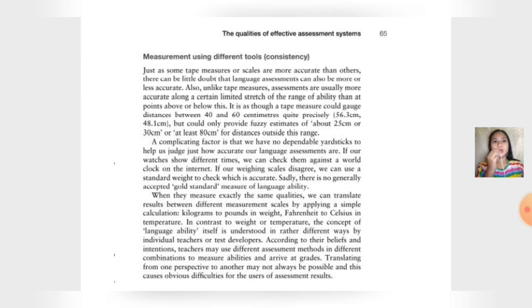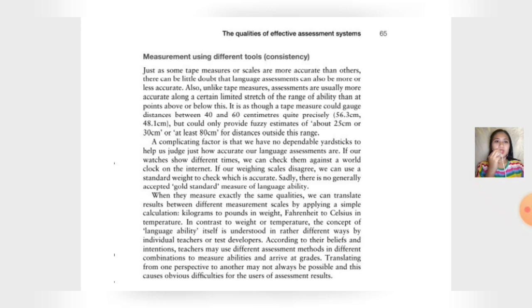Measurement using different tools: just as some types of measures or scales are more accurate than others, there can be little doubt that language assessments can also be more or less accurate. Also, unlike tape measures, assessments are usually more accurate along a certain limited stretch of the range of ability than at points above or below this.